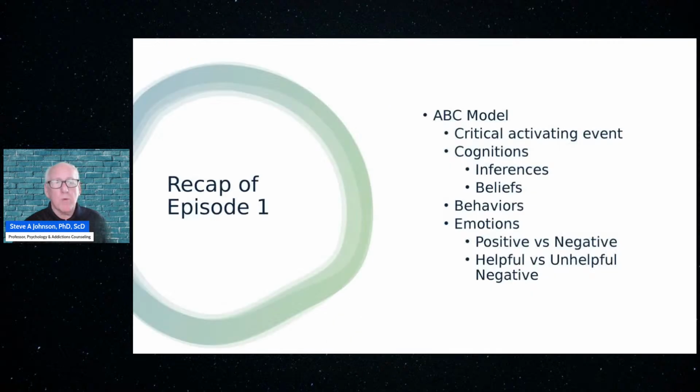Last time, we were focusing on the ABC model within REBT, which is the central model for the therapy. Remember, in that model there are three components. Actually, there are a few more, but the ABCs I want to mention very briefly. The A is what we call the activating event, or some people call it the adversity. We like to zero in on something called the critical activating event.